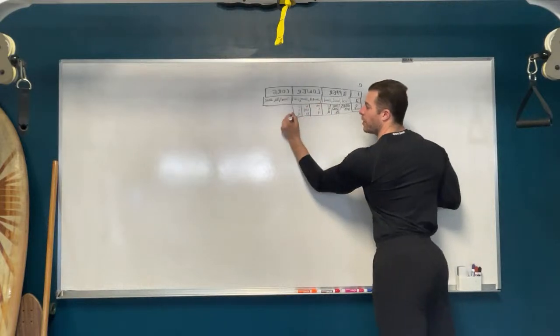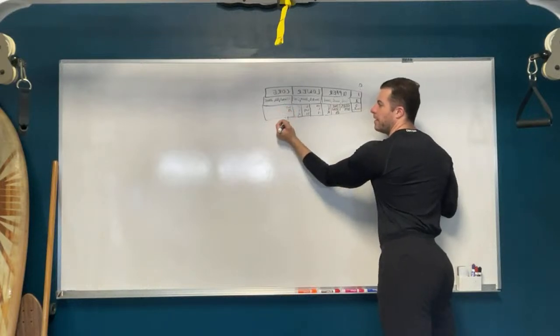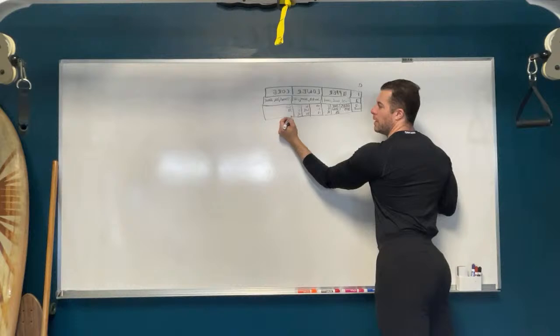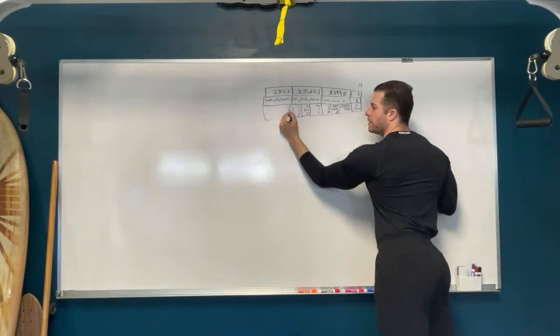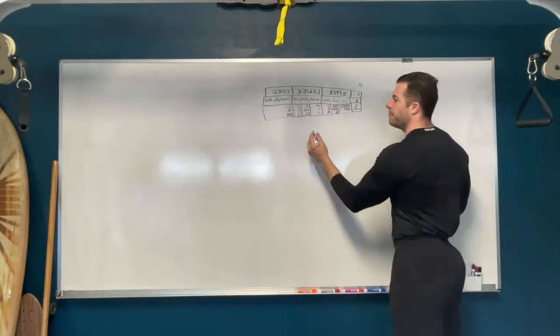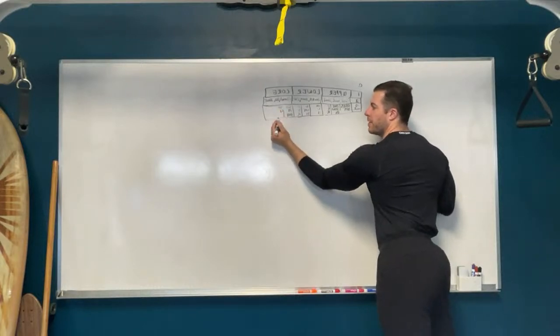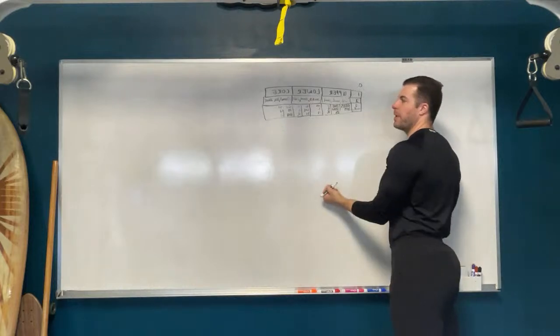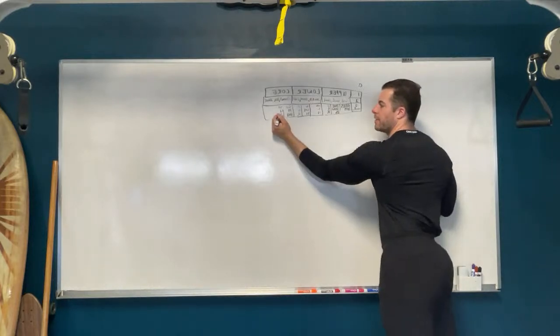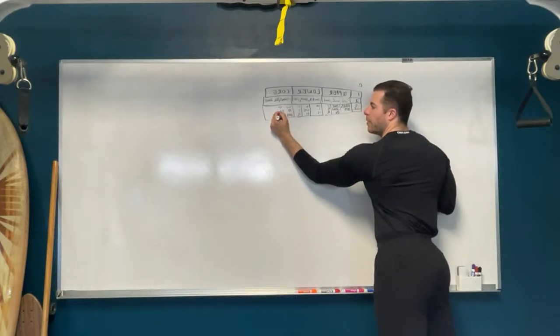For the front core, you're going to think things like sit-ups, planks, and any type of rollouts, any type of movement in that sagittal plane. For the side, you're going to think side planks, clamshells, and then also rotation work.